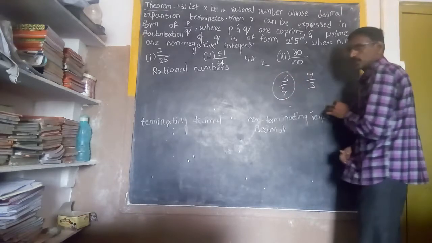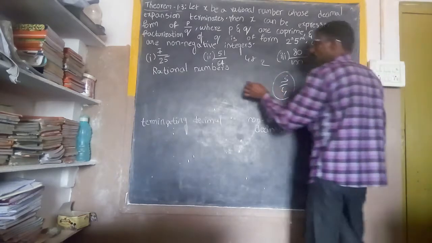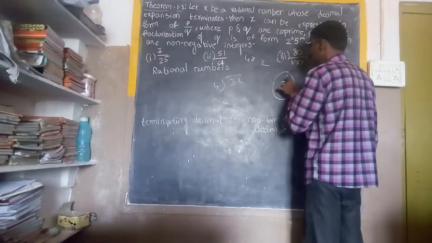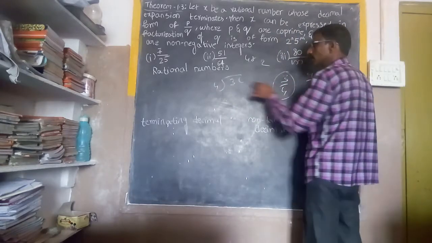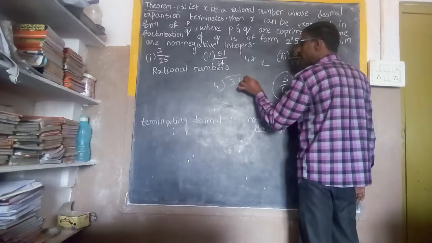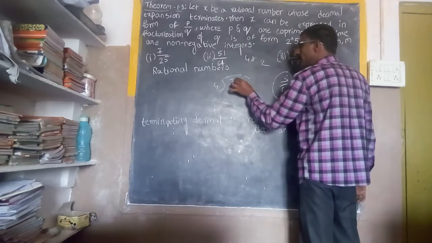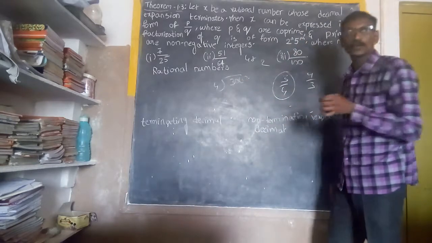3 divides 4. 3 divided by 4, then 3 will not go. Then we take 0 point, you can keep 0 here. Everybody knows.